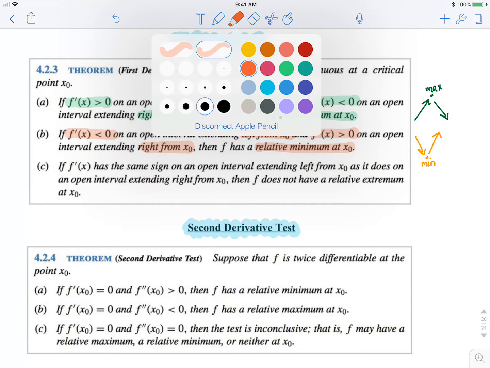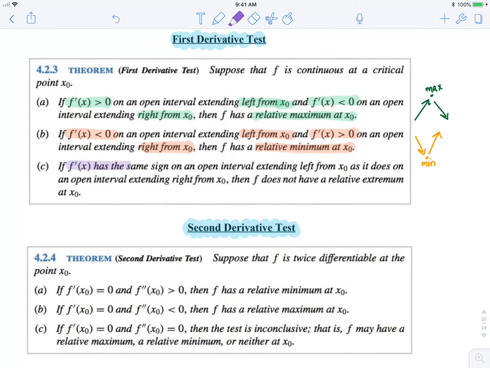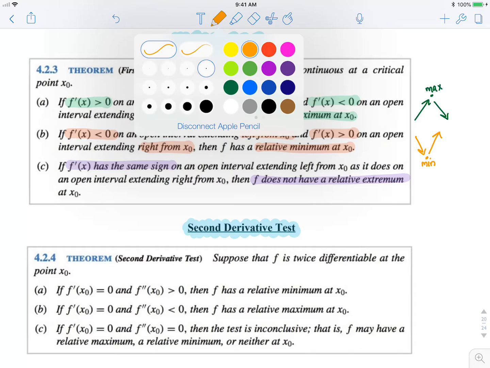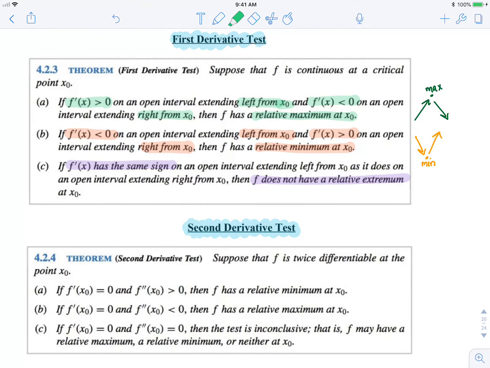And overall, if it has the same sign on both sides, it does not have a relative max or min. So first derivative test for me is truly the easiest to find a min or max, but sometimes you might only have a second derivative, so we have to keep in mind how to approach that type of problem.